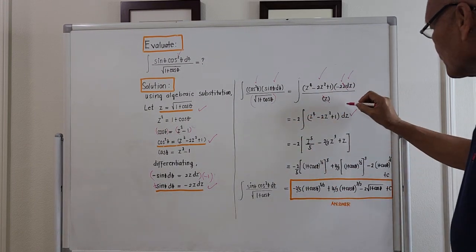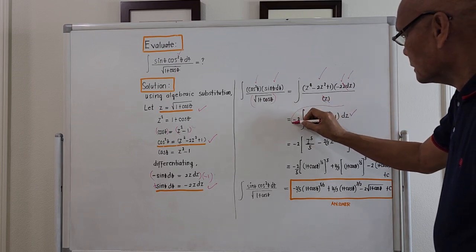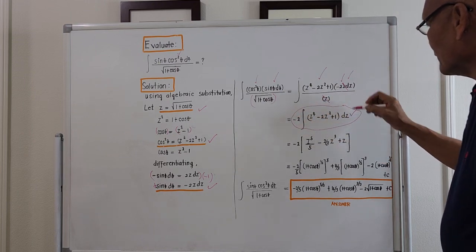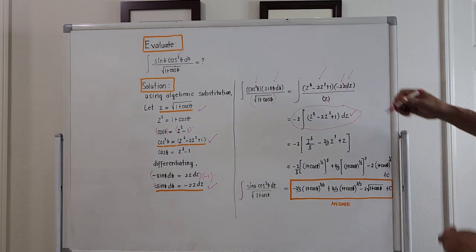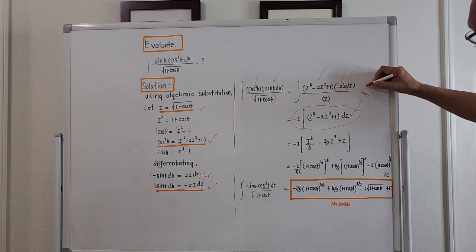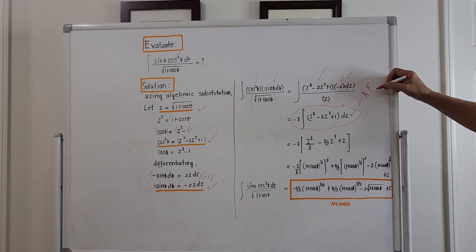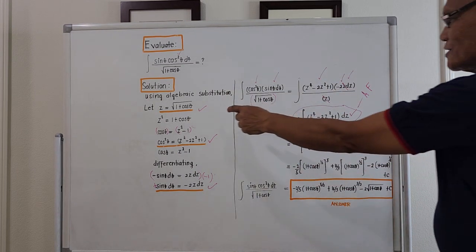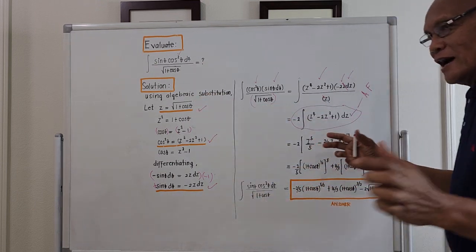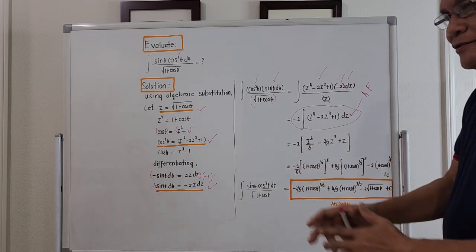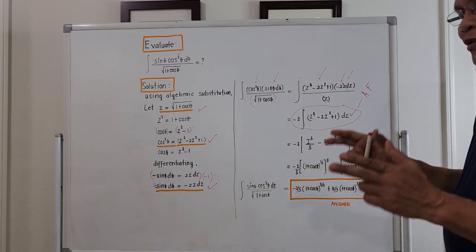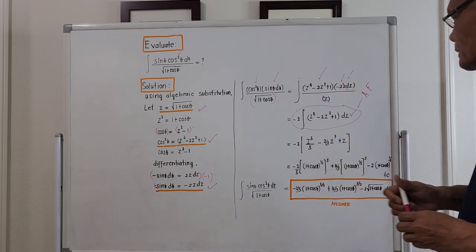So after the substitution, okay, the resulting integration is now simpler. This is now in terms of an algebraic function. Okay? That's why the solution is algebraic substitution, meaning after the substitution, what will come out will be an algebraic function and the integration will be much simpler now.